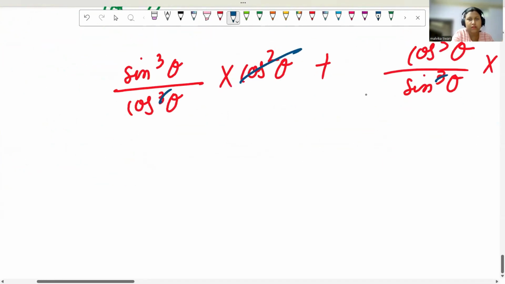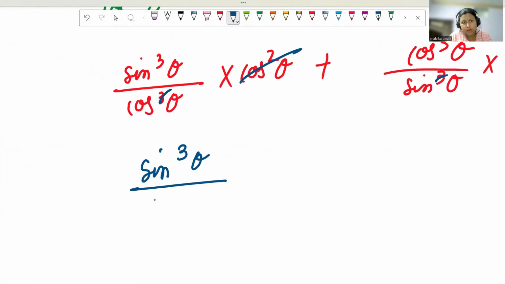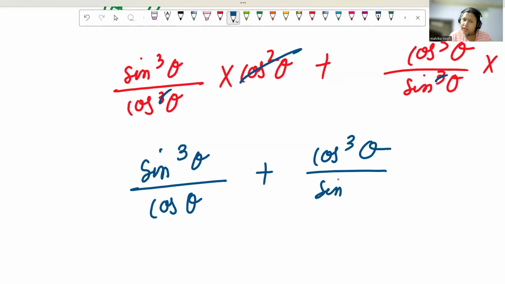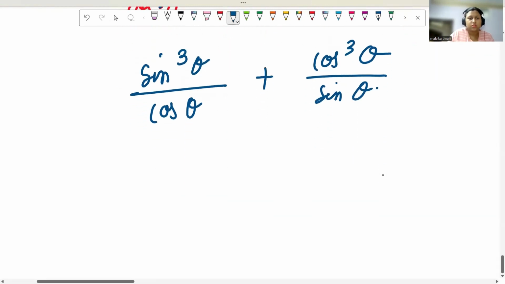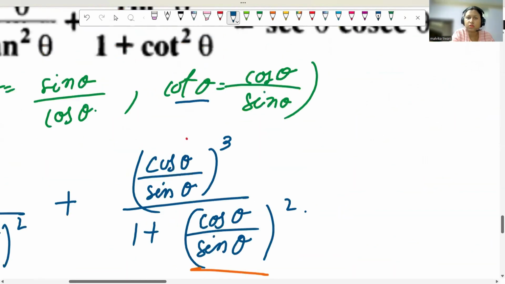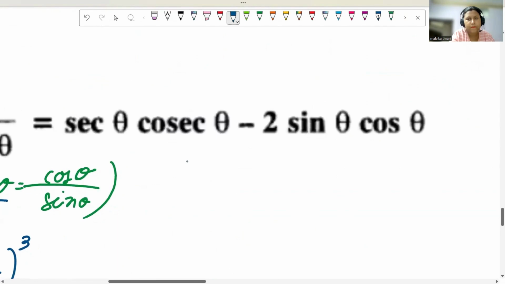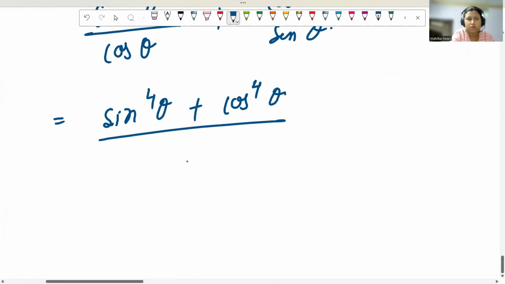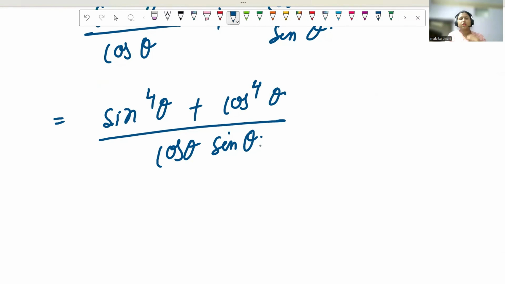So what are we actually left with? Sin cube theta by cos theta plus cos cube theta by sin theta. So this is going to give us sin 4 theta plus cos 4 theta by cos theta sin theta. Okay, this is what is left with us.